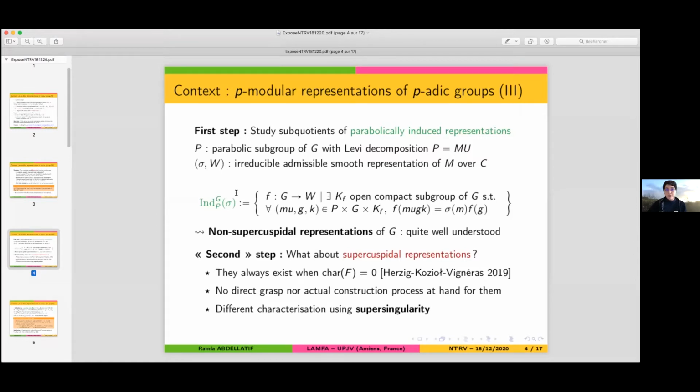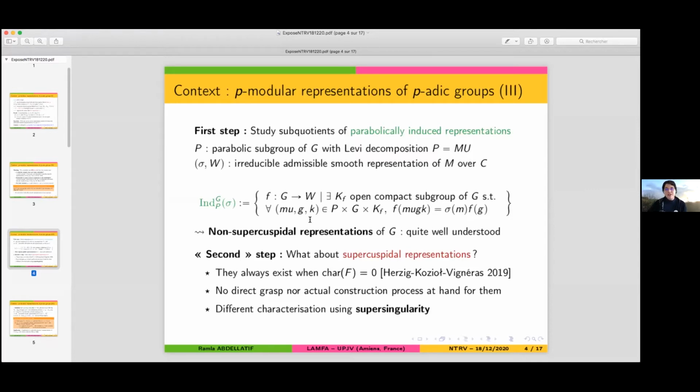In the case of rank 1 groups, which will be the focus in the last part of this talk, I gave the full description of irreducible subquotients of such representations in my PhD, a long time ago. So, non-supercuspidal representations, it's fine, we know where to find them.